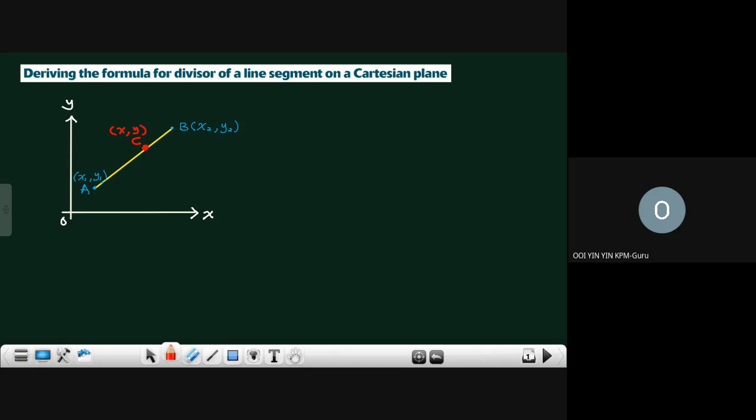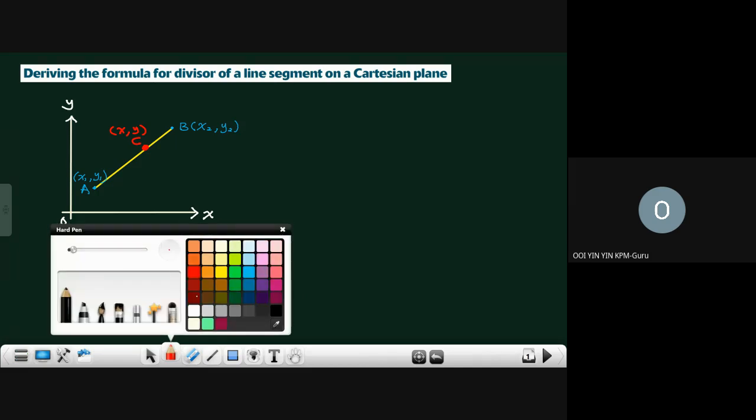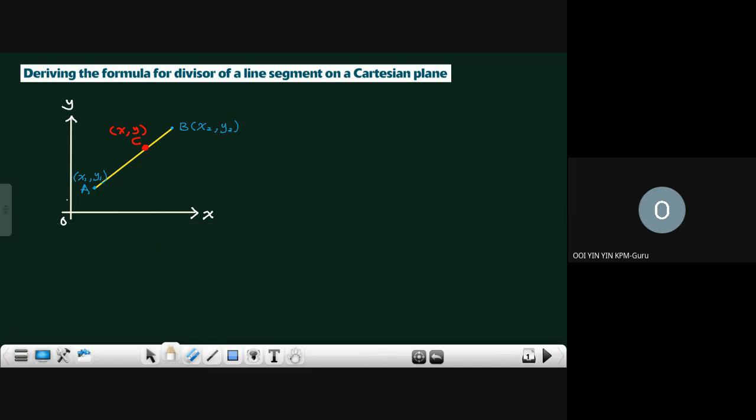So how can I prove the formula just now? It's like this: you know this is a straight line, so the gradient is the same. On the same straight line, the gradient will be the same. So then I can divide this part like this.